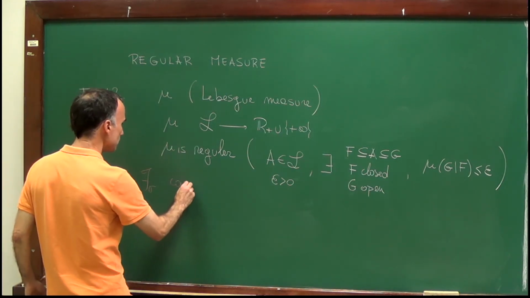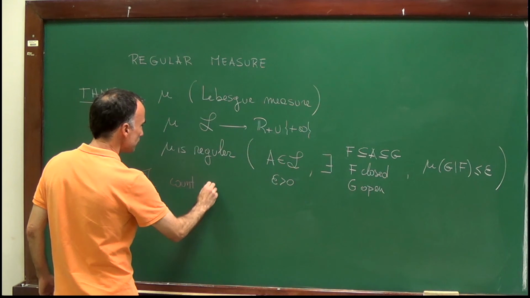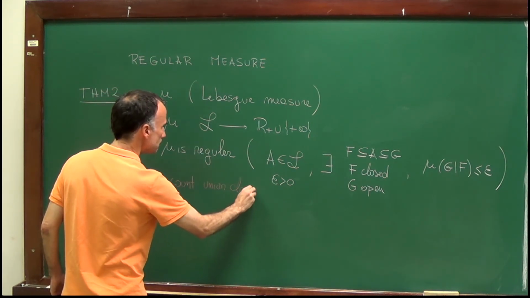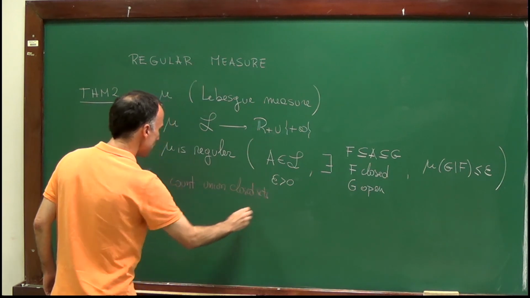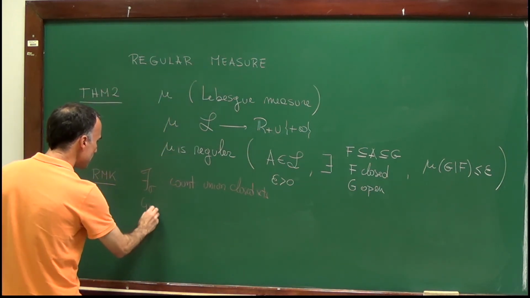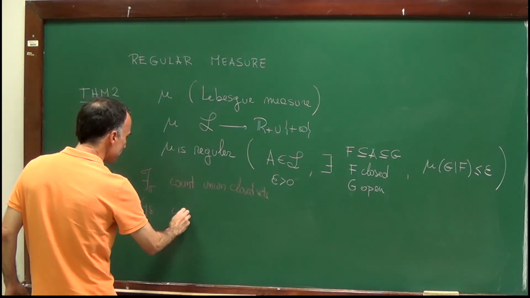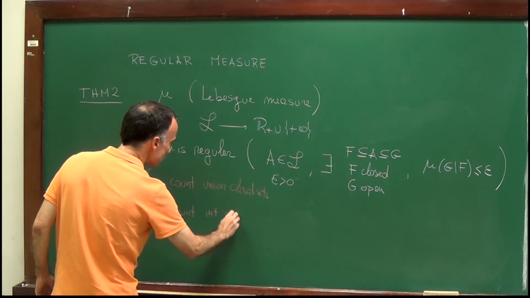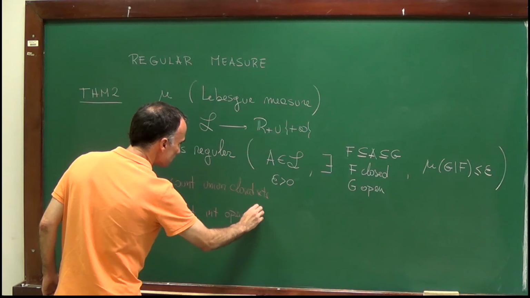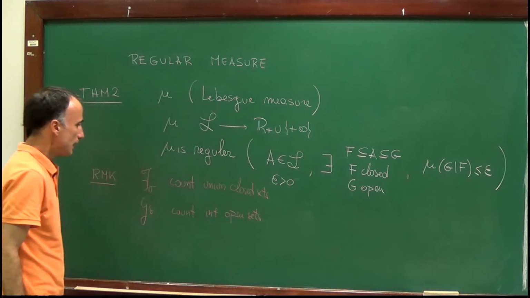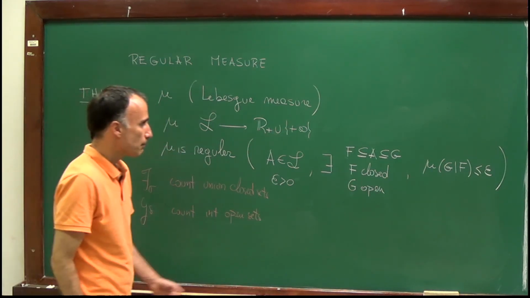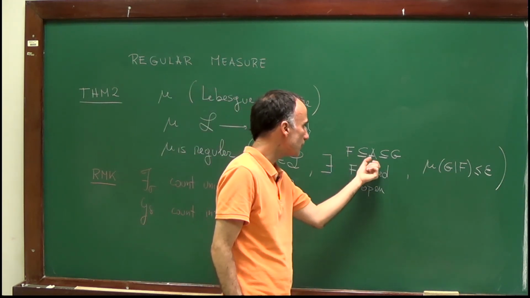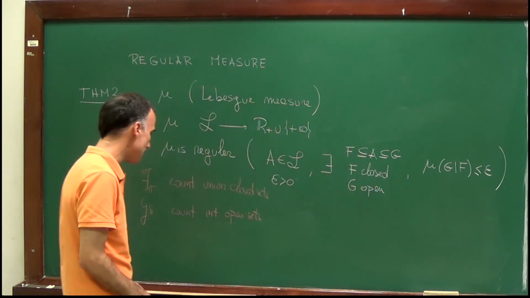In the same way, we call G delta the countable intersections of open sets. By taking intersections of open sets and unions of closed sets, we can approximate a set A exactly.